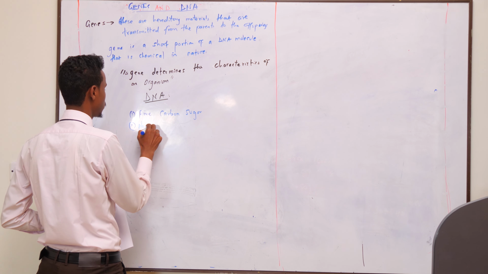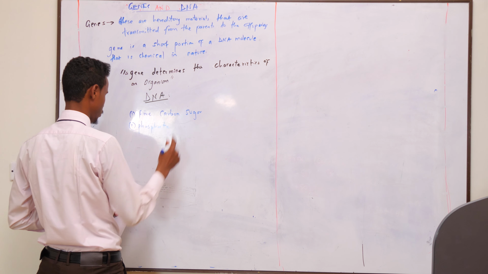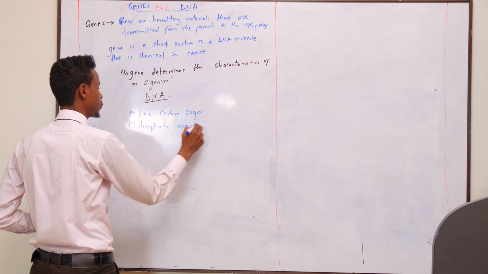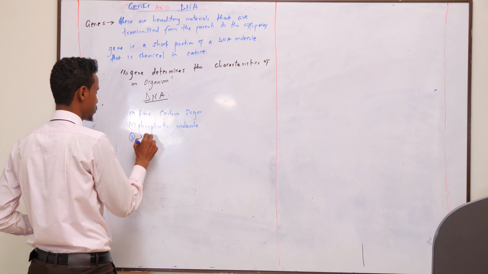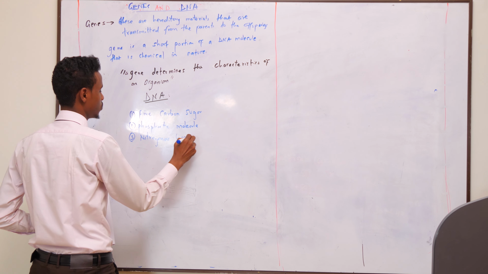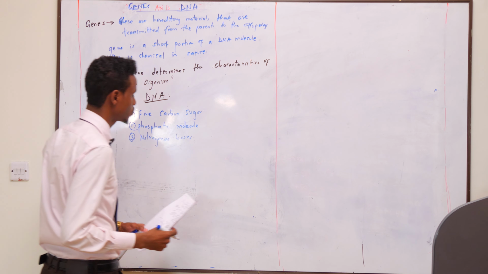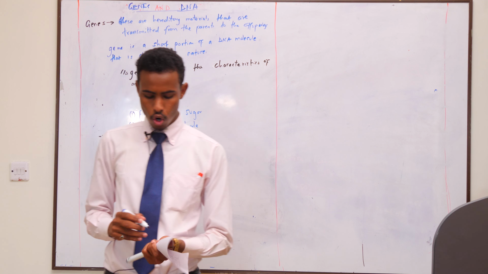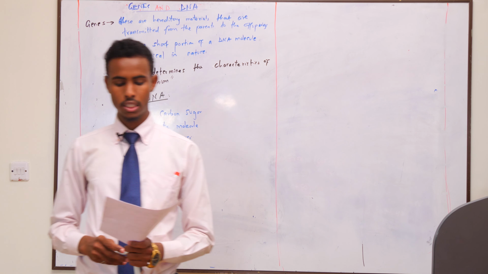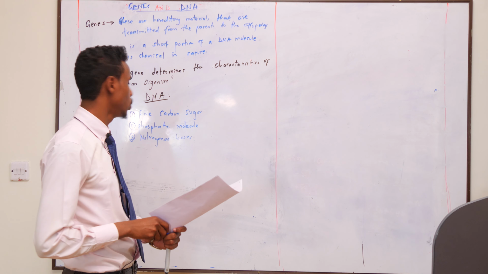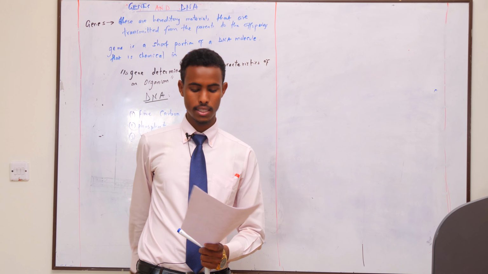Number 2, phosphate molecule. Number 3, nitrogenous bases. So the DNA is a complex molecule composed of 3 different components: the 5 carbon sugar, the phosphate molecule, and the nitrogenous bases.